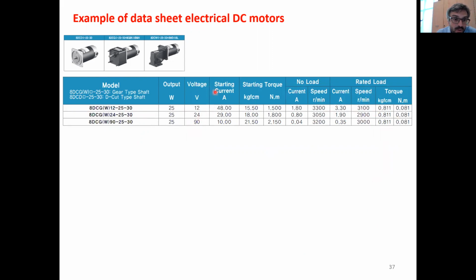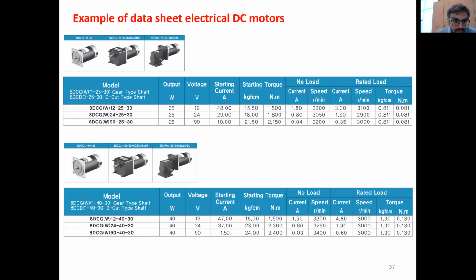And finally, you have the stall current, the starting current. And here we have another data sheet with a bigger motor, like 40 watt. And we can see that the rated torque is higher for a bigger size motor.